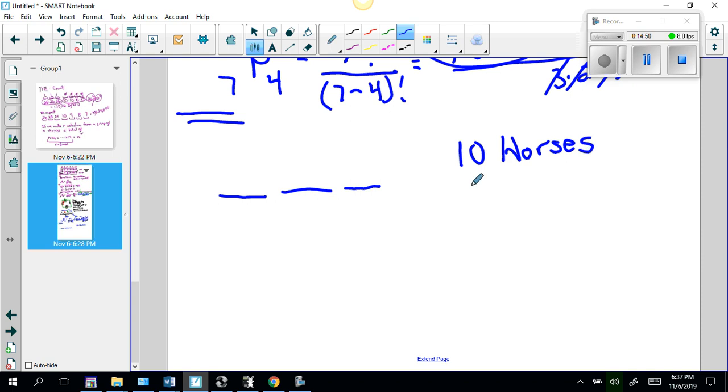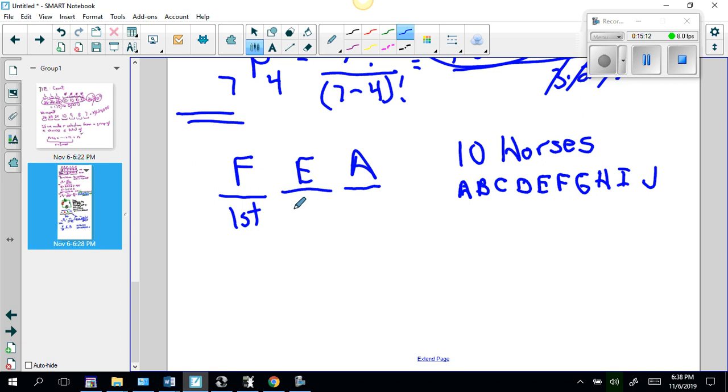And let's say the horses' names are like horse A, B, C, D, E, F, G, H, I, and J. Say we use letters. And I'm going to pick F, E, A. And if I get them in the correct order, I'm going to win. I got one chance.